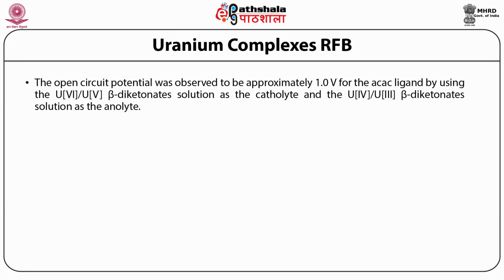The open circuit potential was approximately 1 volt for the ACAC ligand by using the U6 or U5 beta diketonates solution as the catholyte and U4 or U3 beta diketonates solution as the anolyte.